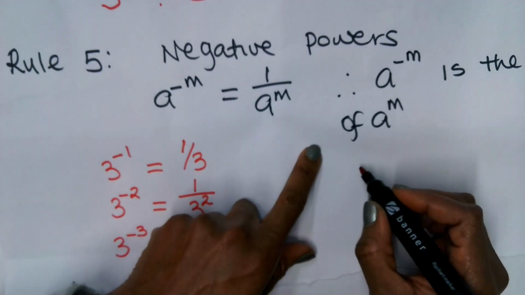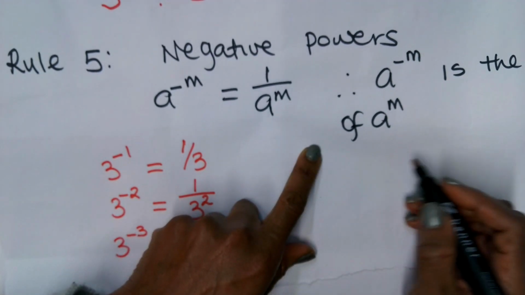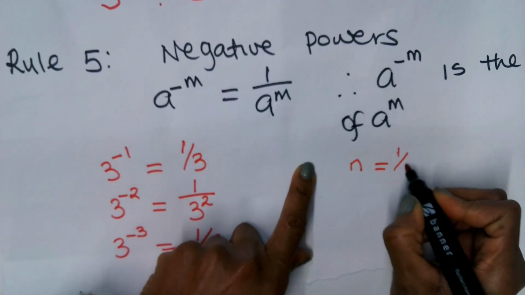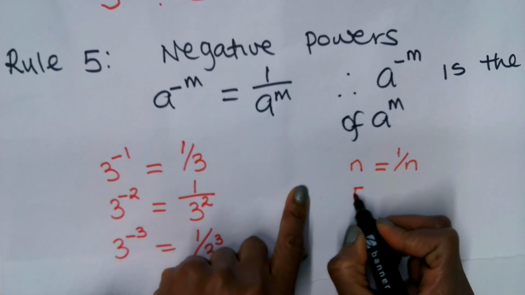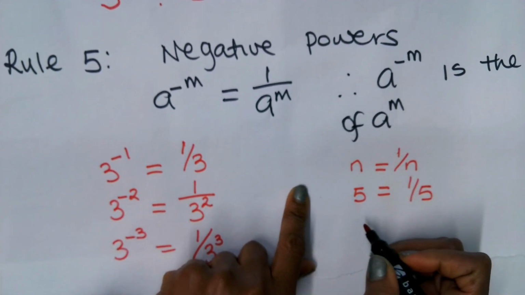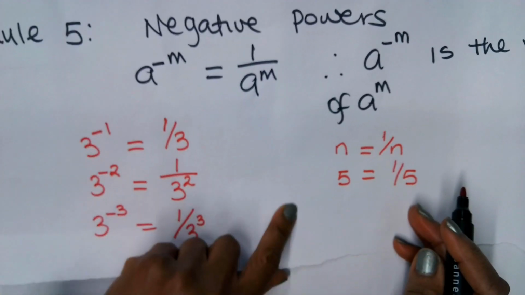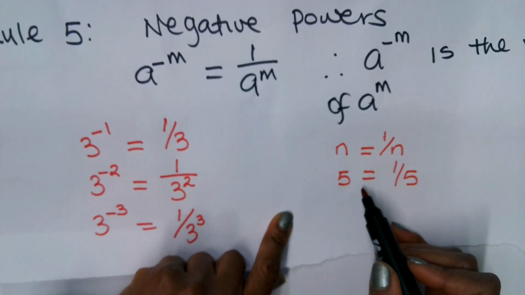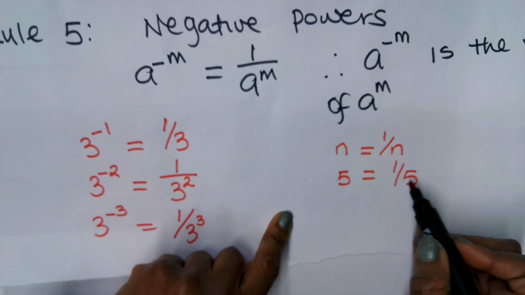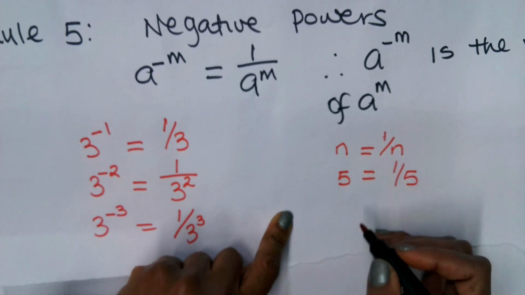For example, if I want to write down the reciprocal of n, it's going to be 1 over n. Reciprocal of 5 is going to be 1 over 5. Because if I multiply 5 and its reciprocal, I must get 1.